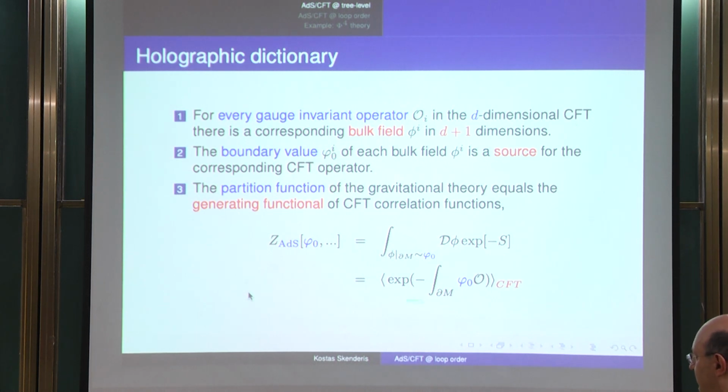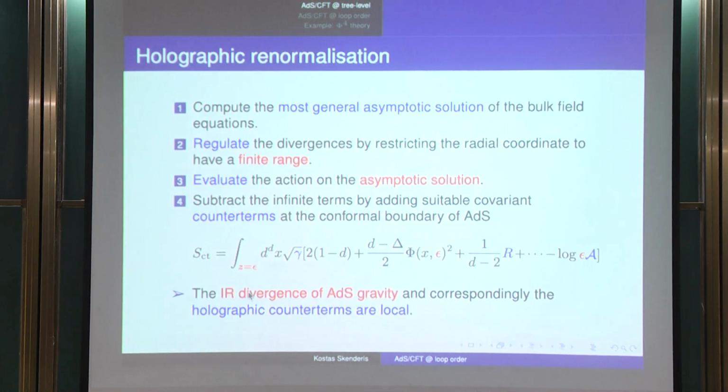So for AdS-CFT to make sense, it better be the case that I can solve the field equations and impose boundary conditions such that phi naught is completely general and arbitrary, and that's true. Okay, so now we find the general asymptotic solutions. And again, in the longer version of this course, I would have now done an example for you. You can look at my review from 20 years ago.